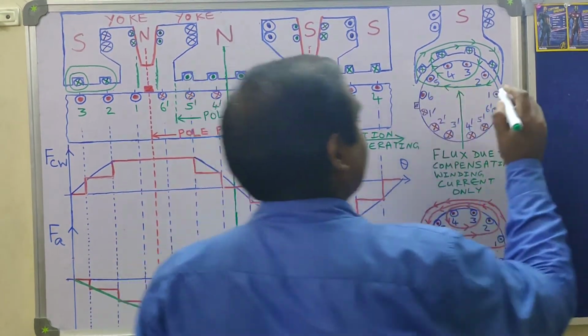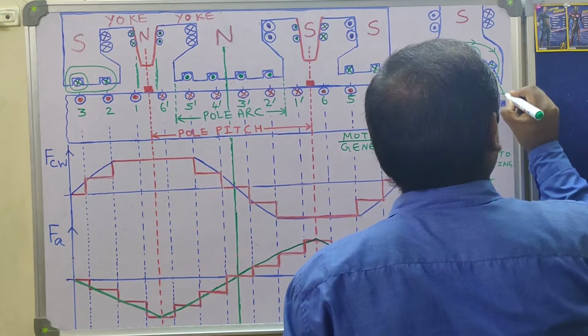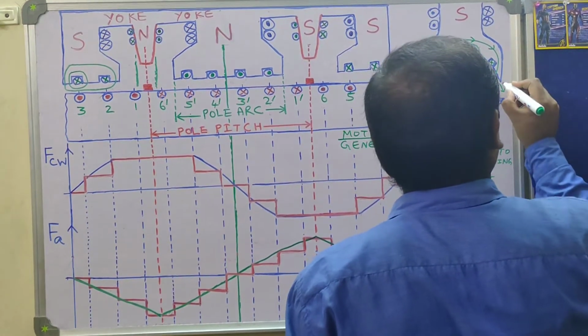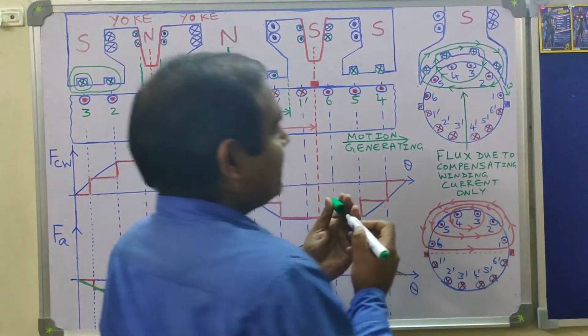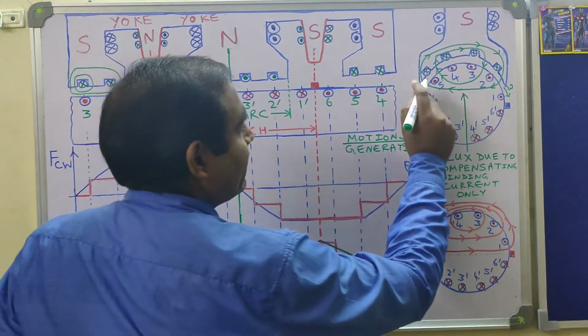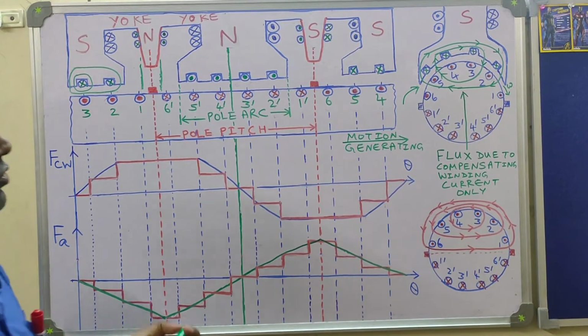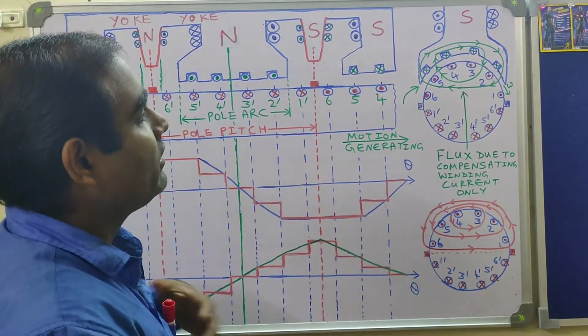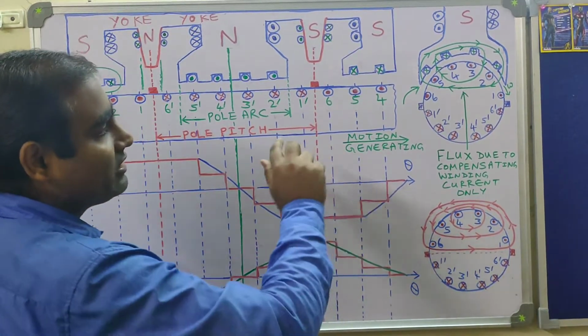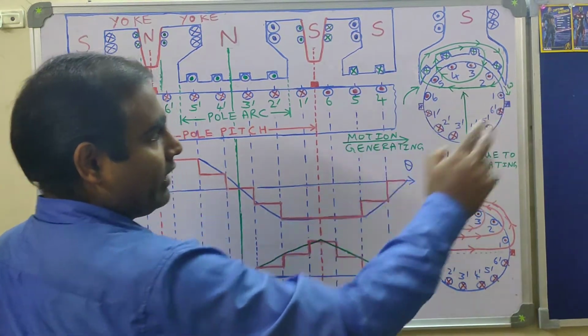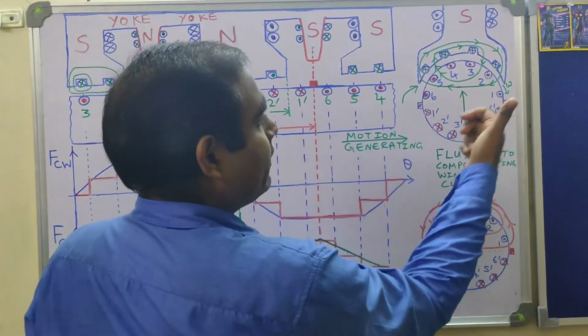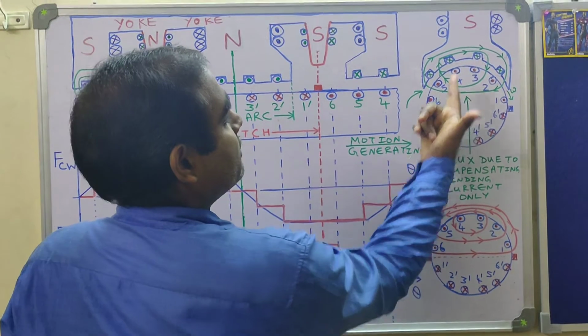The direction of motion is from left to right, that means here the direction of motion is taken to be clockwise. This is the direction of motion. So if the direction of motion is clockwise, then for this conductor, let's say conductor number 3 or 4, the tangential velocity will be from left to right. So the thumb will point from left to right and the index finger will point towards the south pole face.